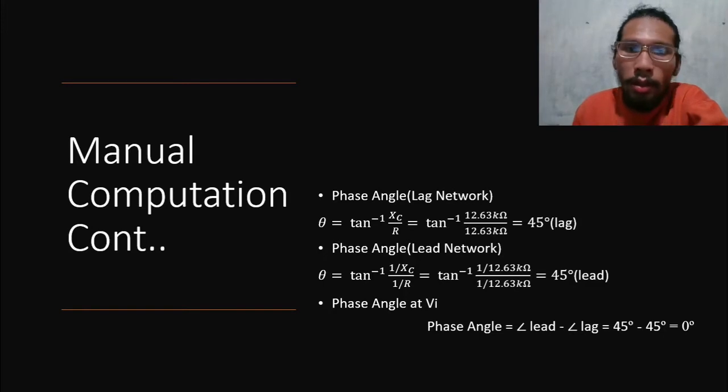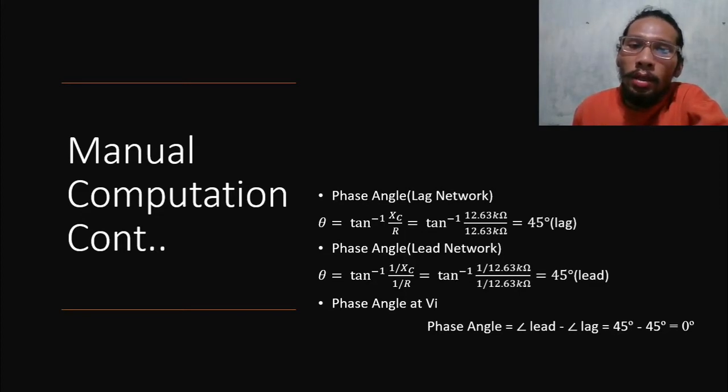The phase angle of the lag network can be obtained using theta equals arctan of XC over R, and that is 45 degrees lagging. For the phase angle of the lead network, theta is equal to arctangent of 1 over XC over 1 over R, the same value, 45 degrees but leading.